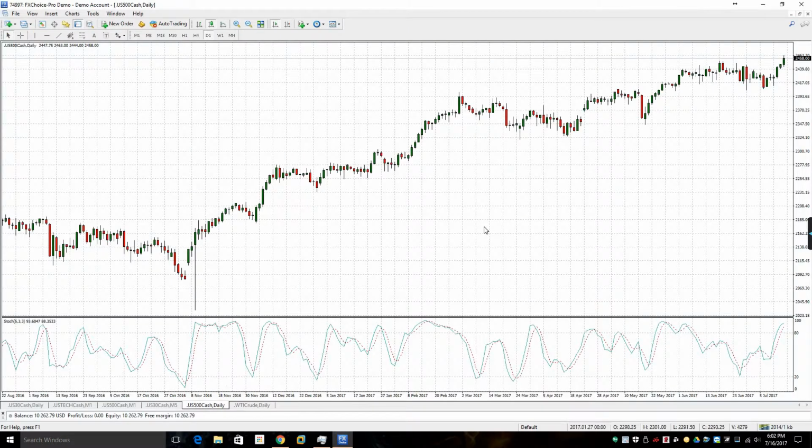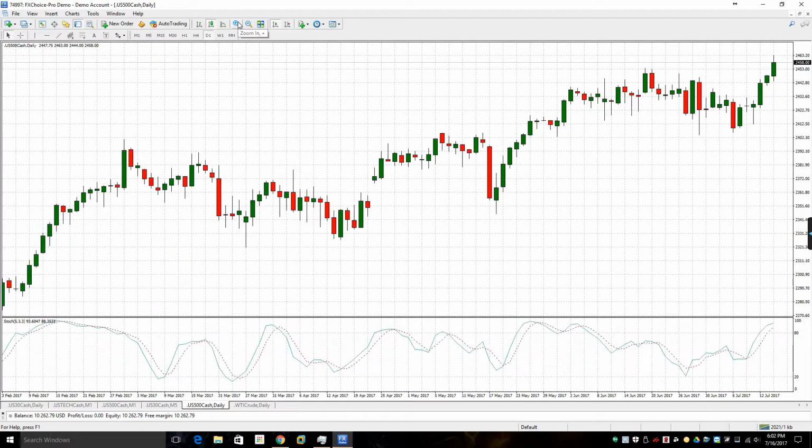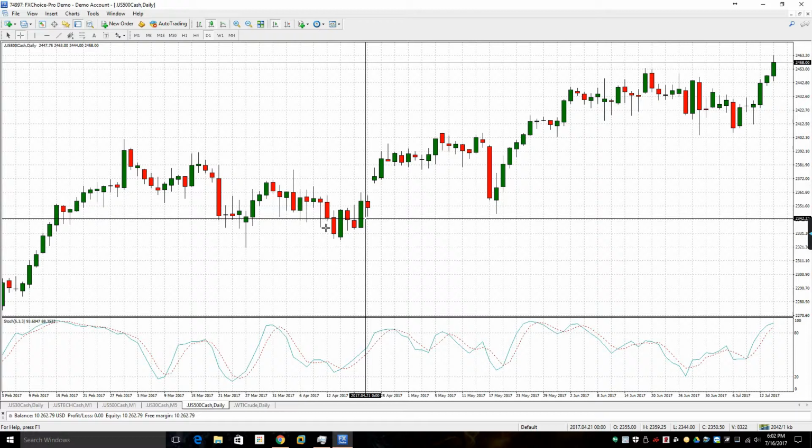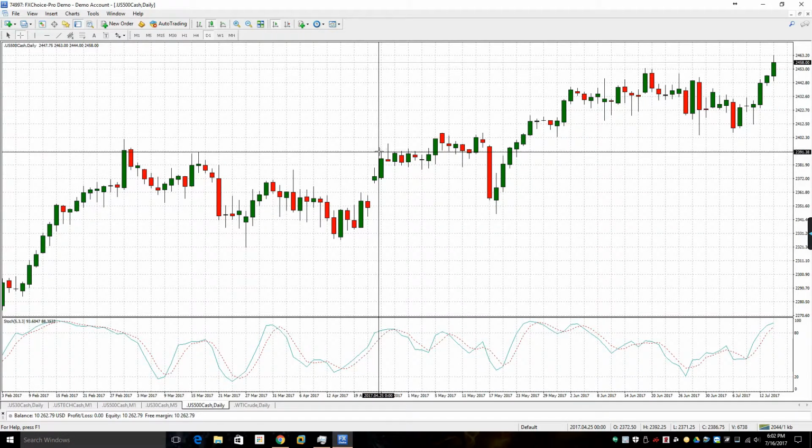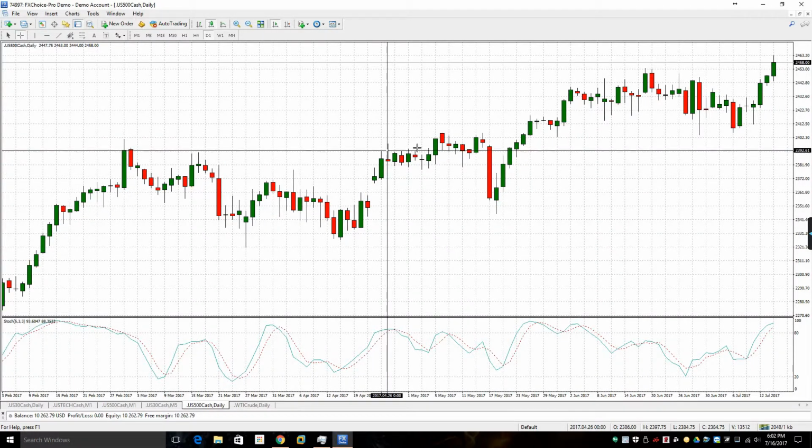Let me see if I can give an example here, and then I'll talk about my robots a little bit. So this is the daily chart of the S&P 500. Let me zoom in here for a bit. And this is how I would use options. There's many ways you can have puts and calls and spreads and multiple leg entries. But basically, let's say price breaks up through here on the daily.